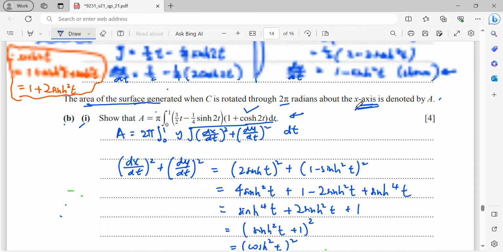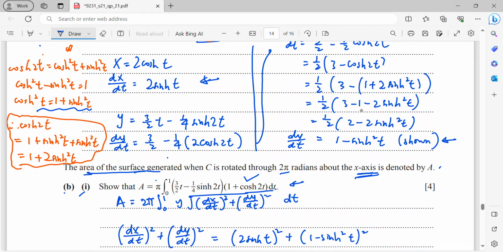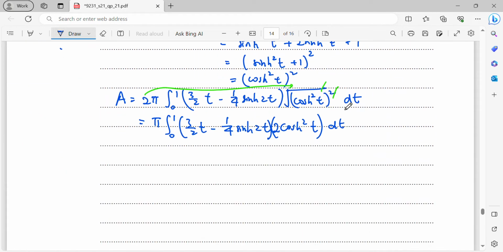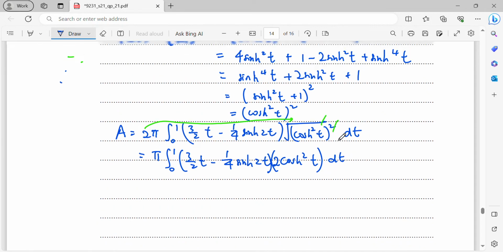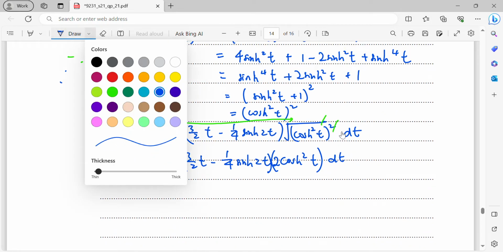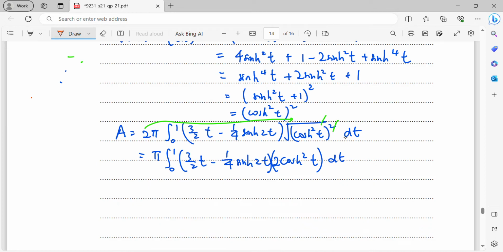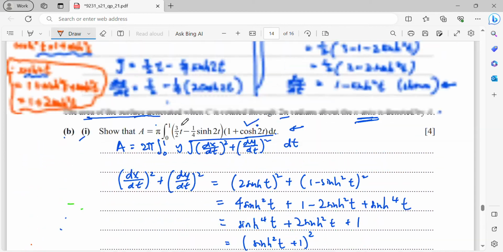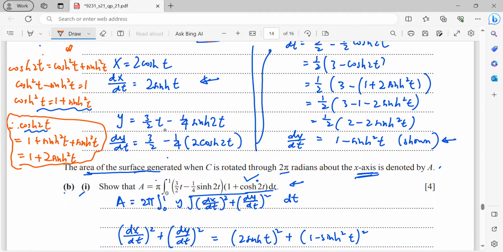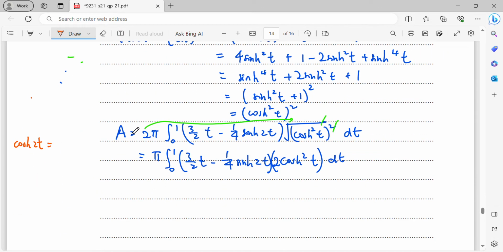Alright, and now let's look at the answer. We need cos 2t. Okay, cos 2t is here. And right now I have 2 cos squared t. So use the formula. Right, cos 2t equals cos squared t plus sine squared t.